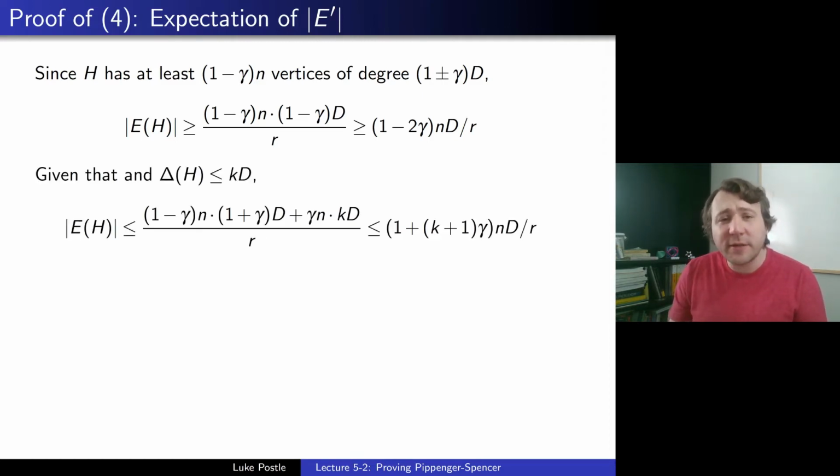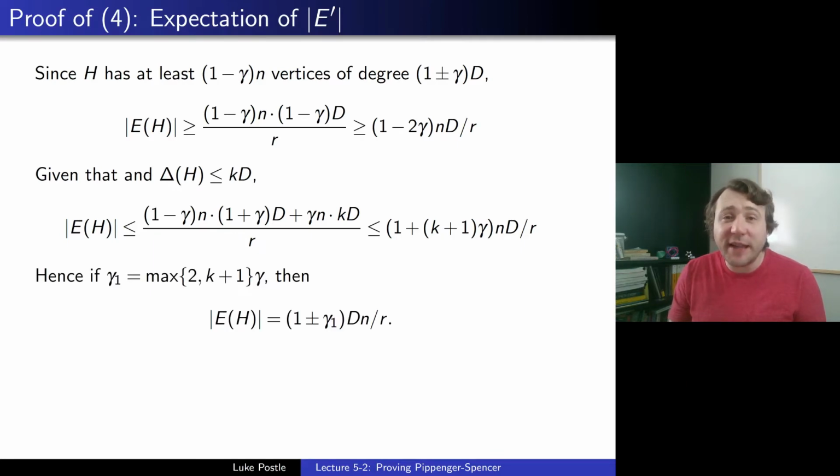The upper bound, if we use the fact from above and that the max degree of the remaining vertices is at most kd, we get that the number of edges of H is at most (1 minus gamma) n times (1 plus gamma) d, plus for the remaining gamma n, k d, and again divide all by r, and we get (1 plus (k plus 1) gamma) n d over r. So we know that it's roughly nd over r with some factors of gamma.